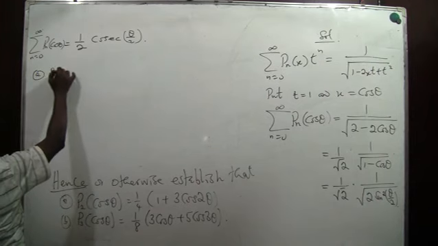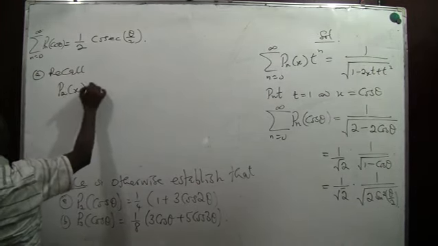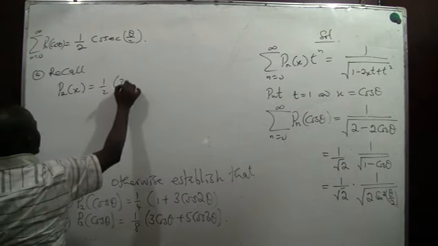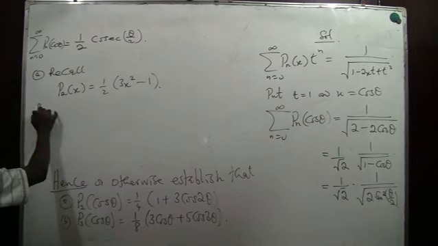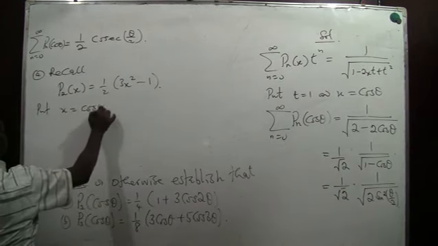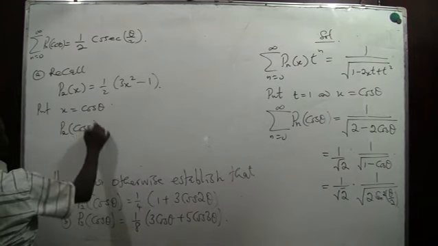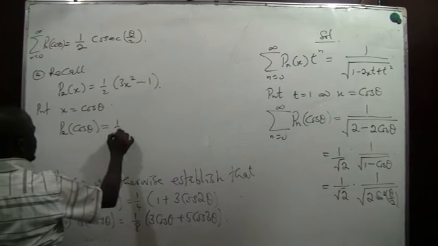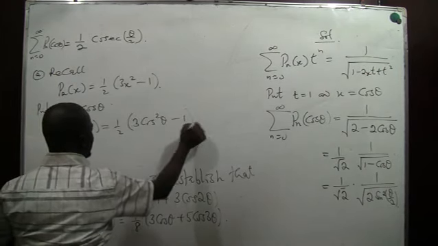Recall that P2 of x is 1/2 (3x squared minus 1). If you put x equals cos theta, P2 of cos theta becomes half (3 cos square theta minus 1).